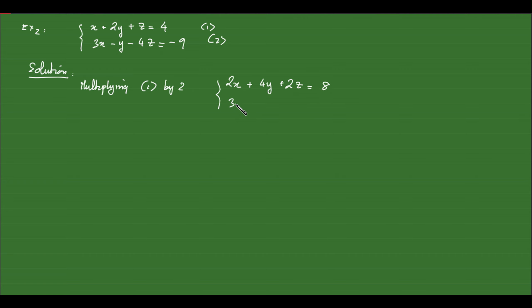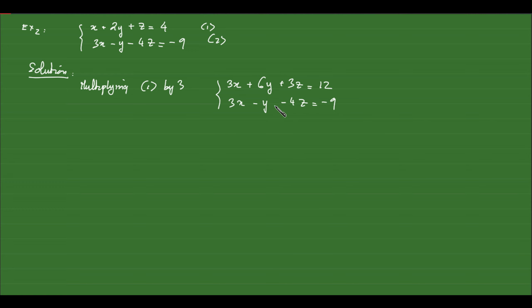And, oh, multiplied by 3, I'm sorry, it's by 3. 3x, 6y, 3z, 12. So with 3x minus y minus 4z equals -9.